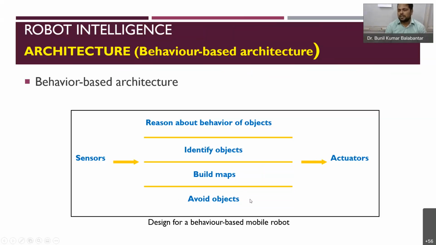Then avoid the objects. That we say obstacle avoidance, right? In between there will be a lot of other equipments, other objects available. So it has to avoid the obstacles which come into the path. If it is a static environment, then everything is known a priori.